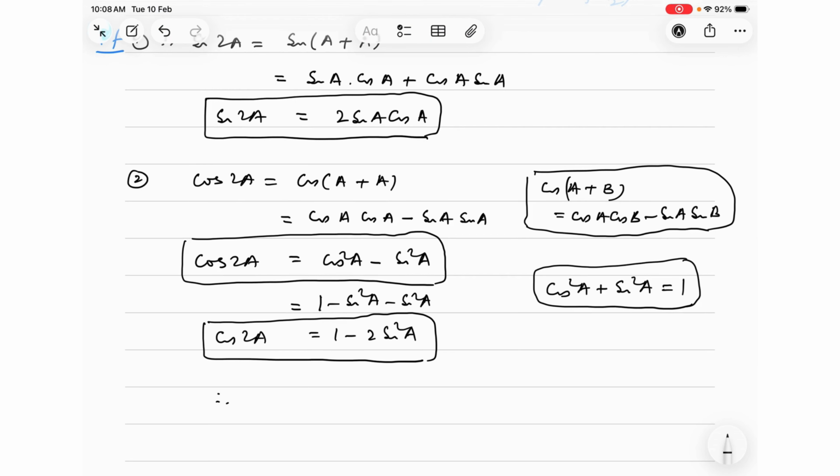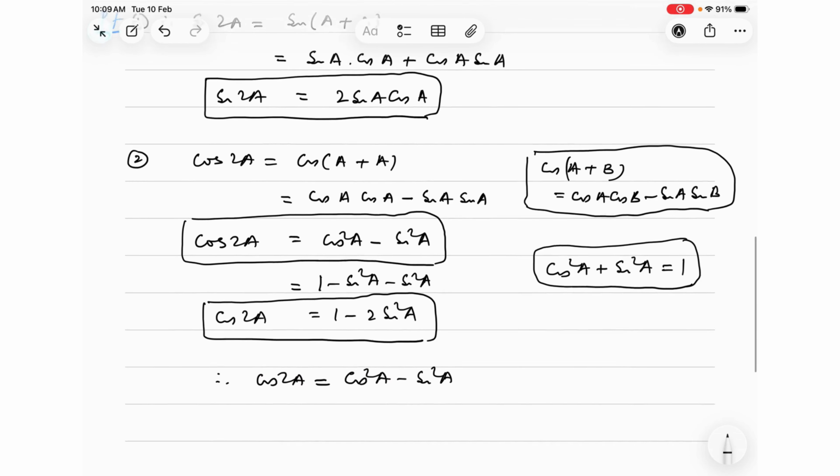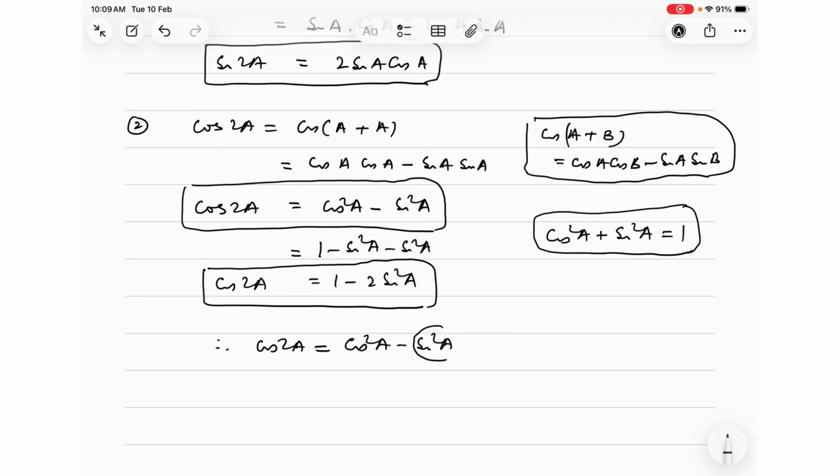Also, cos 2A, which we have proved, is cos square A minus sin square A. If you replace sin square A with 1 minus cos square A using this formula, we get minus into minus plus, it becomes 2 cos square A minus 1.